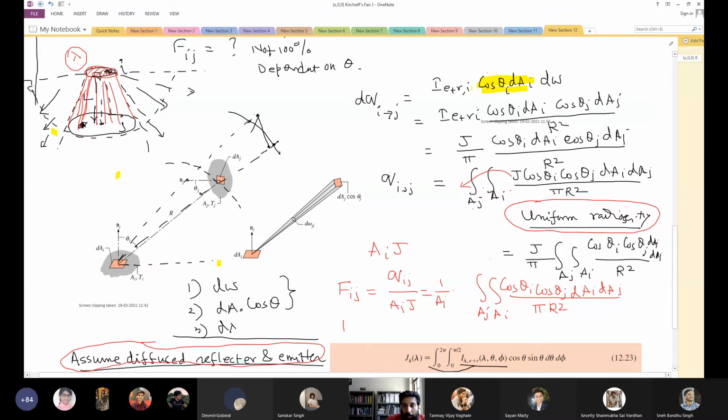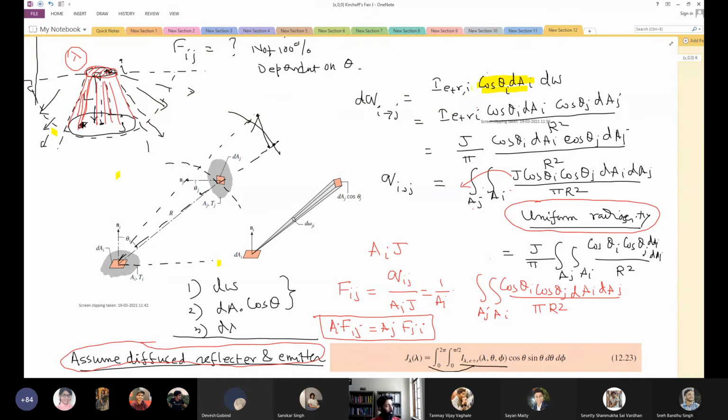So that's why we can write Ai Fij equals Aj Fji. This is an extremely important relation. Even if you don't understand any of the derivation, all you need for solving problems is the view factor algebra, the relation Ai Fij equals Aj Fji.